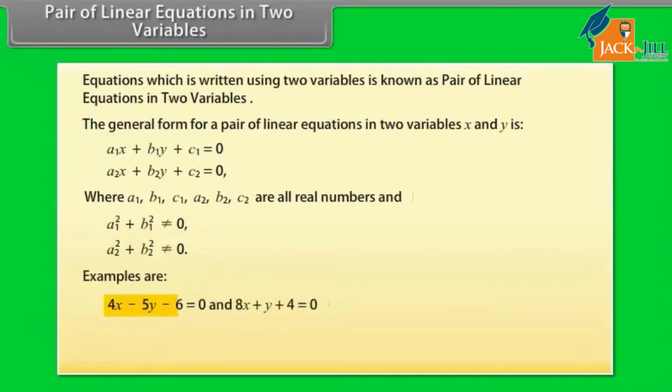Examples are 4x minus 5y minus 6 equals 0 and 8x plus y plus 4 equals 0. x plus y equals 12 and 7 equals y.